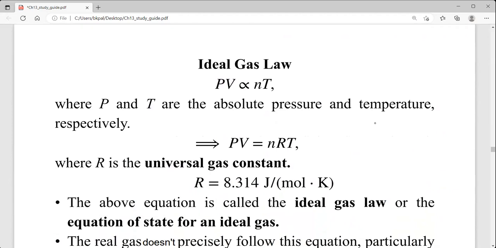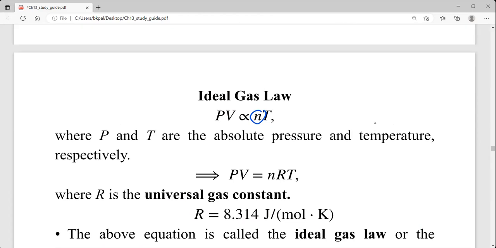Now the amount of substance that you learned in the last slide is represented by the symbol small n. Small n is the amount of substance, or the number of moles.